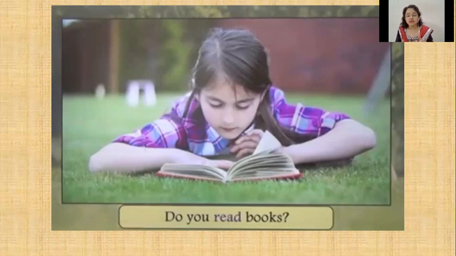Books is the object because it tells the answer to the question what. Just mind it: wherever in a sentence you receive the answer to the question what, that particular object is the direct object, and the verb is a transitive verb.